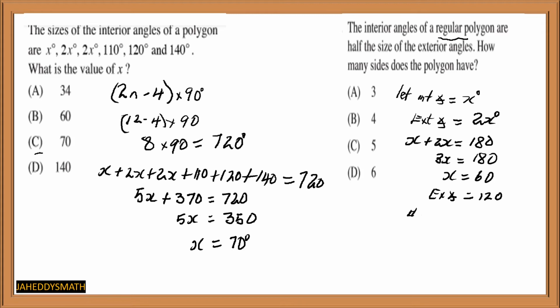So the number of sides is equal to 360, which is the total sum of the exterior angles, divided by 120. Since the angles are equal, so we have 3 sides. So the correct answer is A.